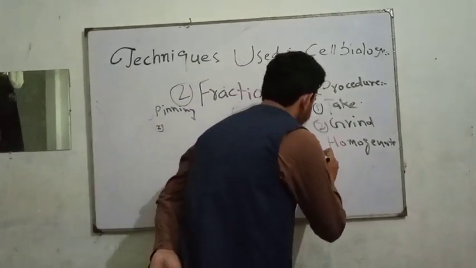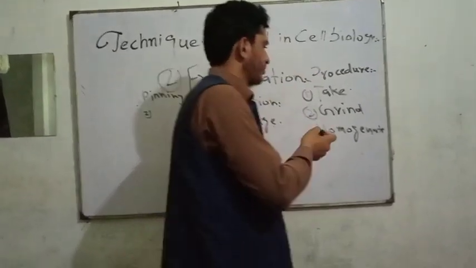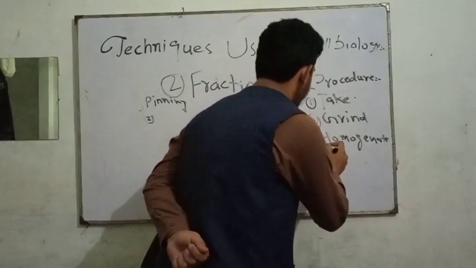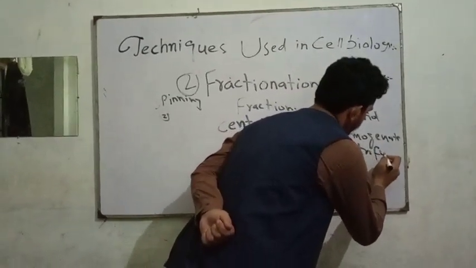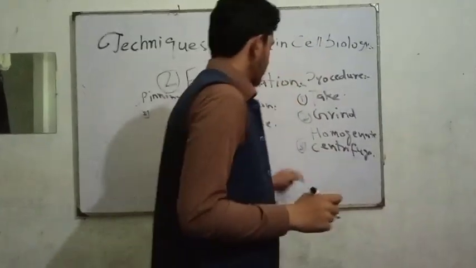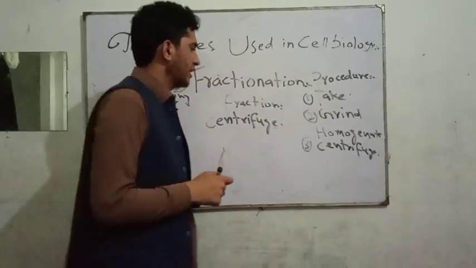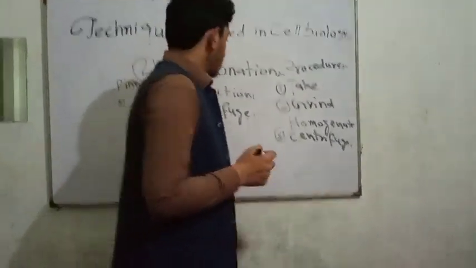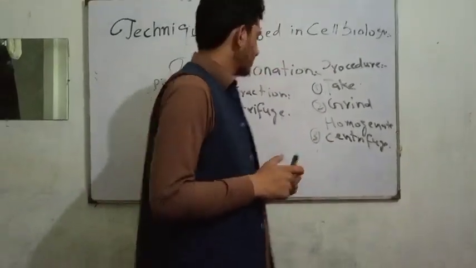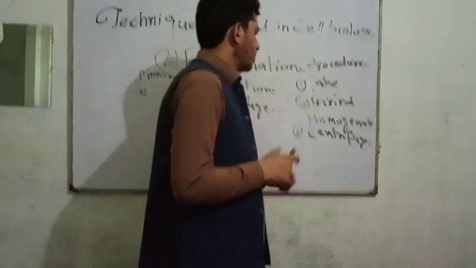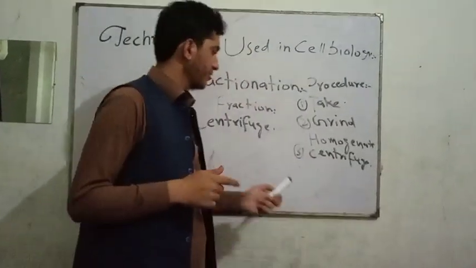After grinding, this homogenate is poured into the centrifuge machine. Set the centrifuge machine at low speed at first, so different parts will start to separate. Slowly and gradually we will increase the speed of the centrifuge.